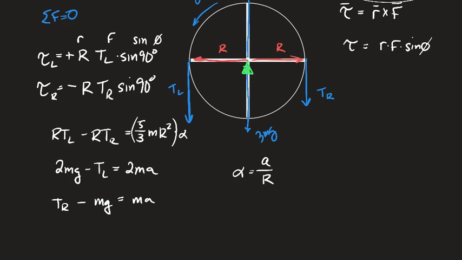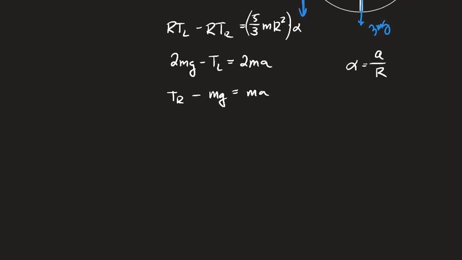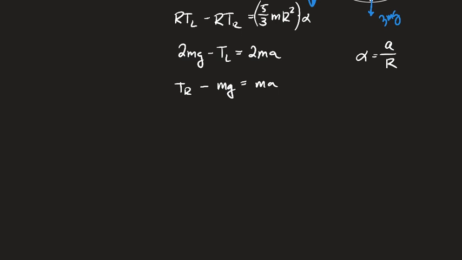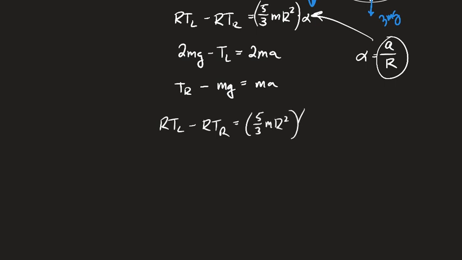Let's do the substitution. When I plug in A over R where alpha is, we get R T_L minus R T_R equals 5/3 M R squared A over R. Now, if you look carefully, all the R's cancel out.